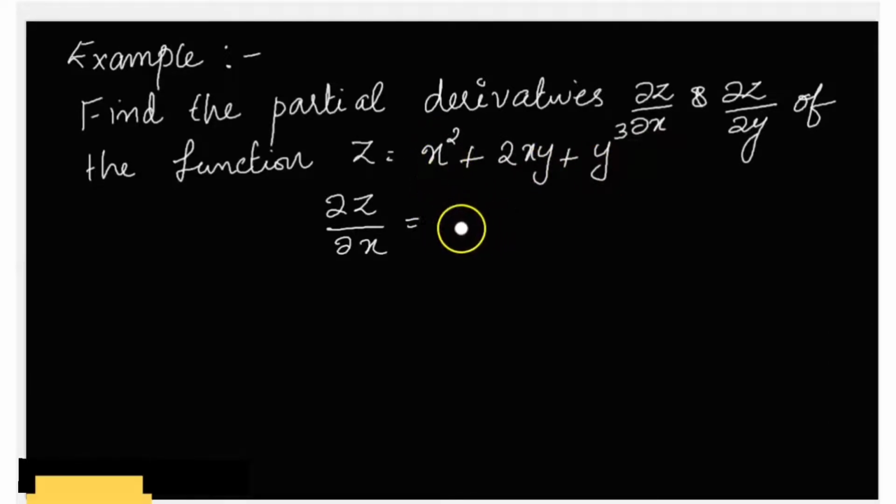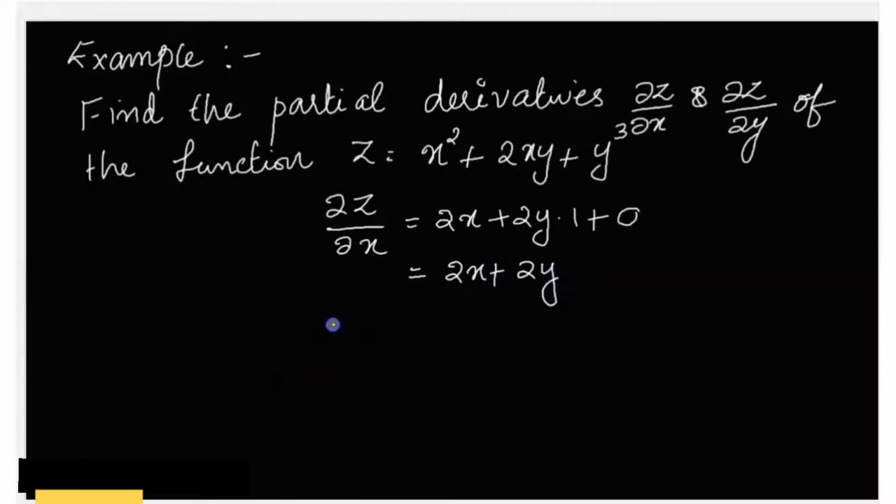So here the derivative of x square is 2x, plus 2 into the derivative of x, which is 1, with y constant. So in this term we have 2y, which is a constant because we are differentiating with respect to x, into the derivative of x, that is 1, plus the last term is y cube. Here this is a constant because this is independent of x. Therefore the derivative of a constant is 0. Okay. So the answer is 2x plus 2y.